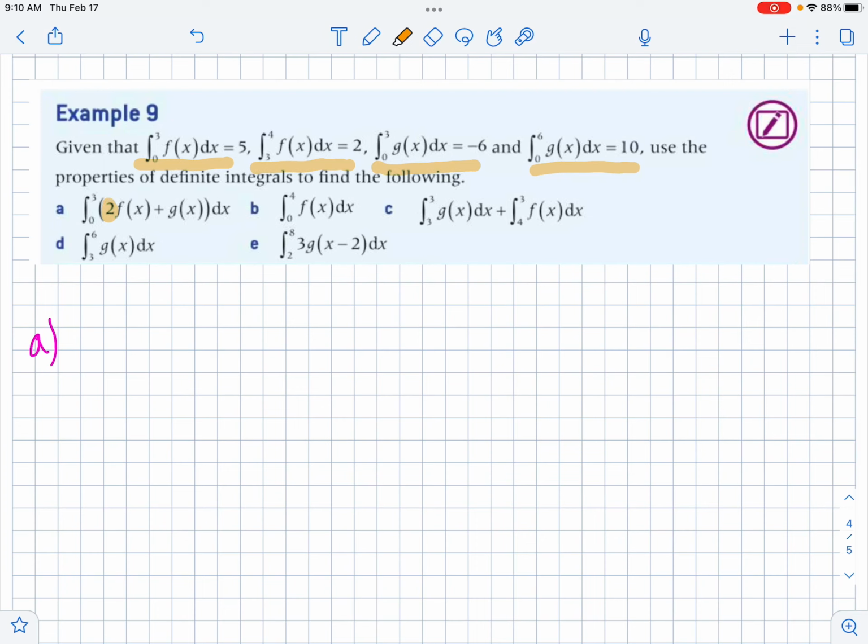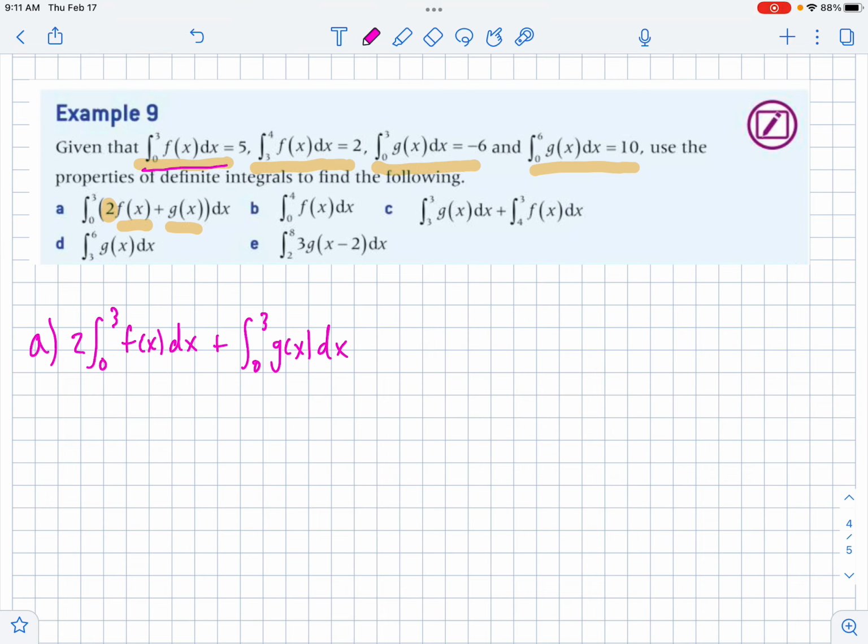So this first one, part A. This 2 on the outside can be brought out, and the fact that there's 2 functions being added means that we can rewrite it like this: 2 times the integral from 0 to 3 of f of x dx, oh, I forgot my dx, plus the integral from 0 to 3 of g of x dx.